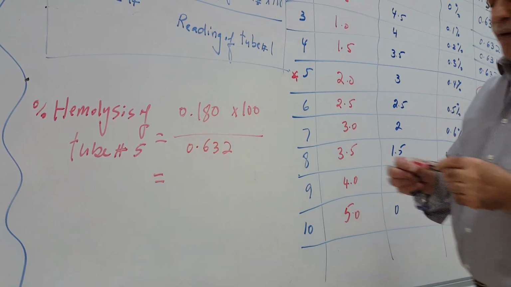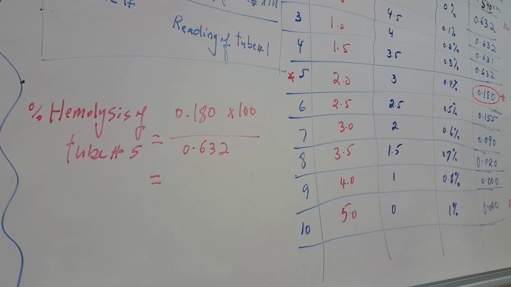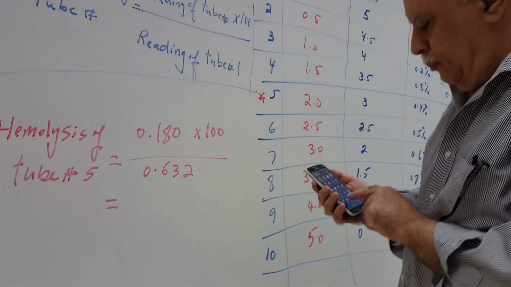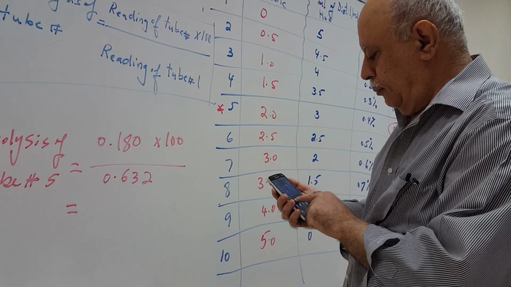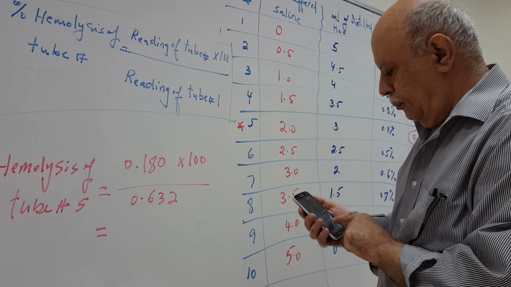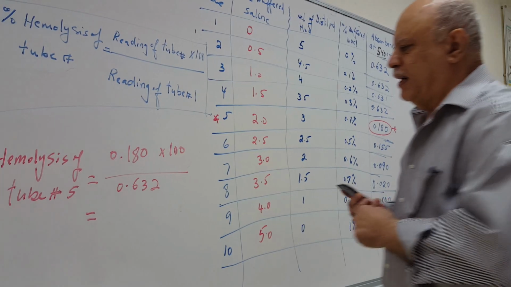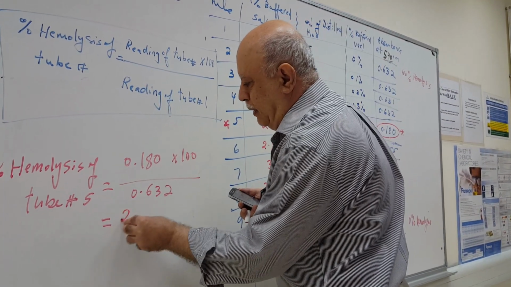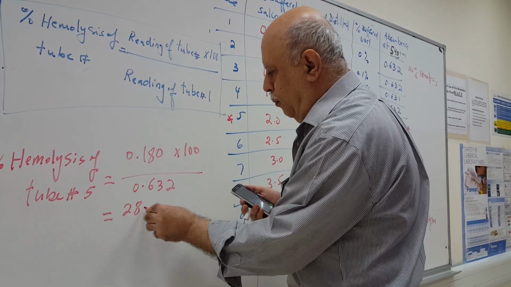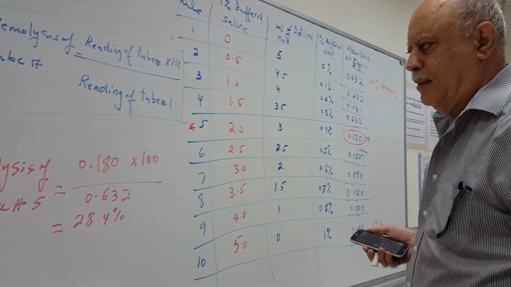If we have a calculator, we will get 28.4%. 28.4% of the cells lysed.